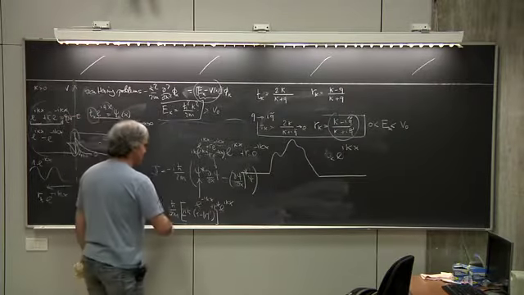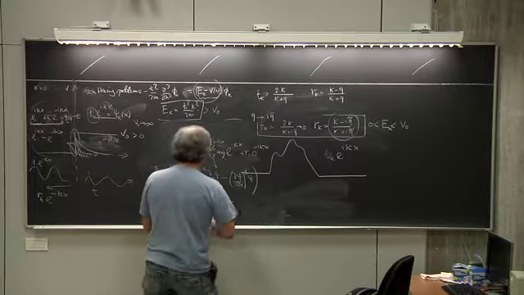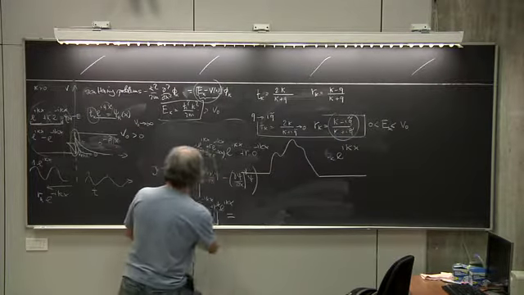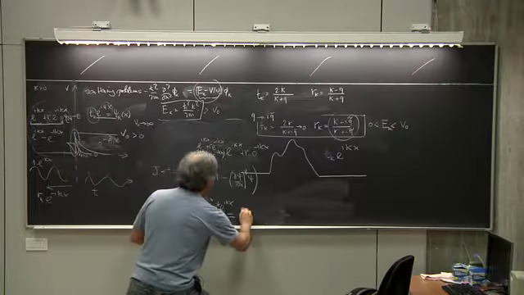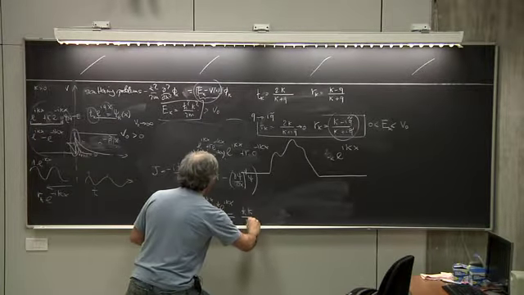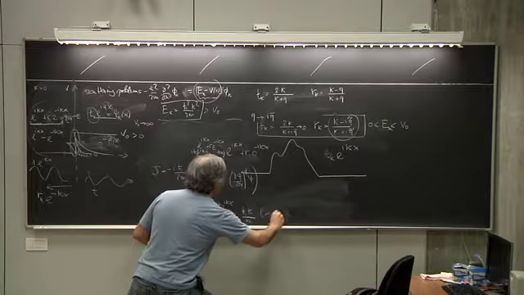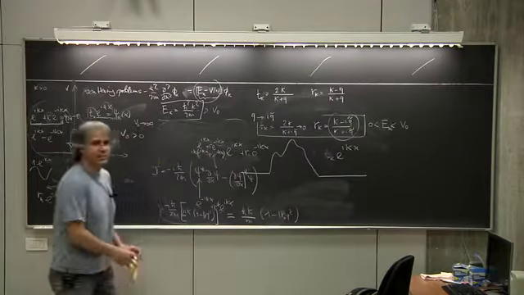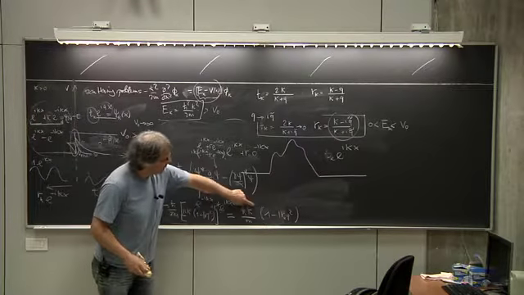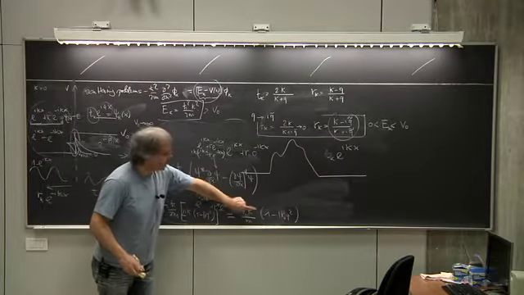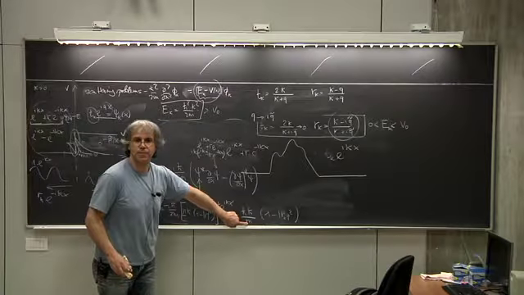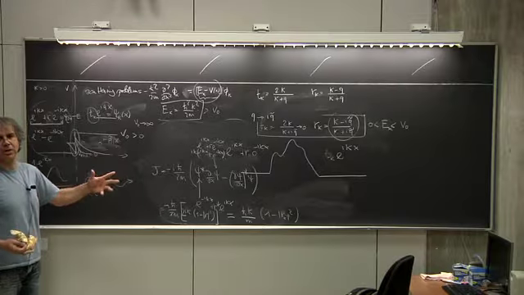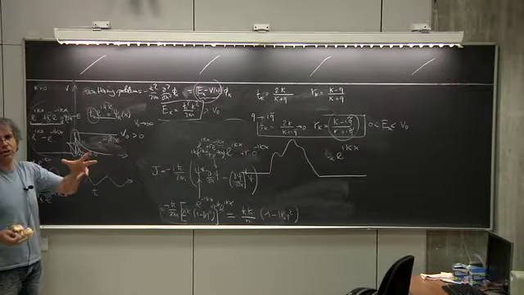The result, if you just collect everything, is h bar k over m times 1 minus modulus of r squared. Physics: h bar k is the momentum, divided by the mass is the velocity, which is very reasonable. The current is associated to a velocity.